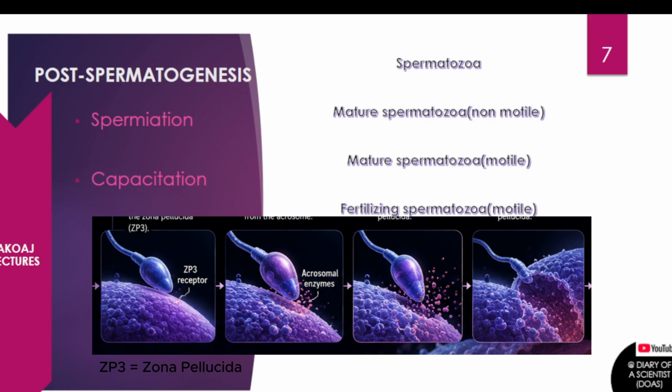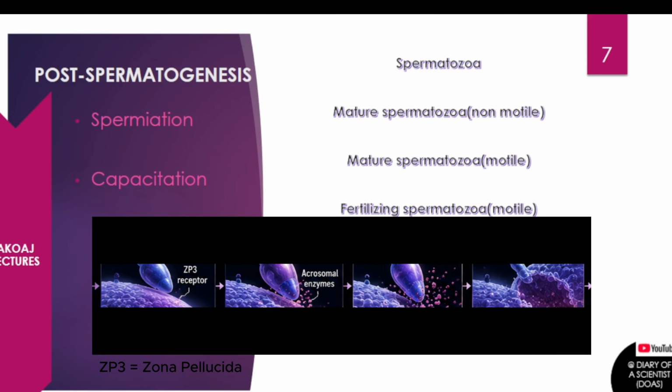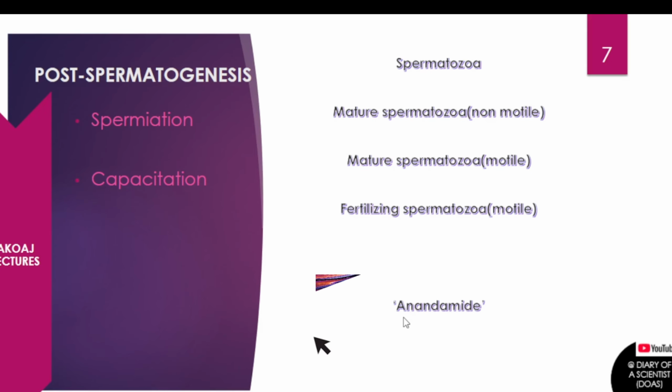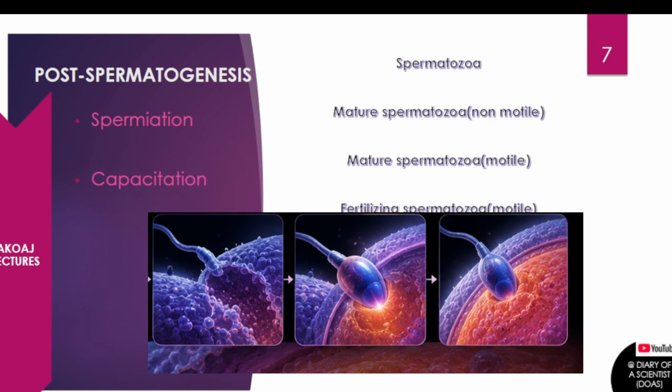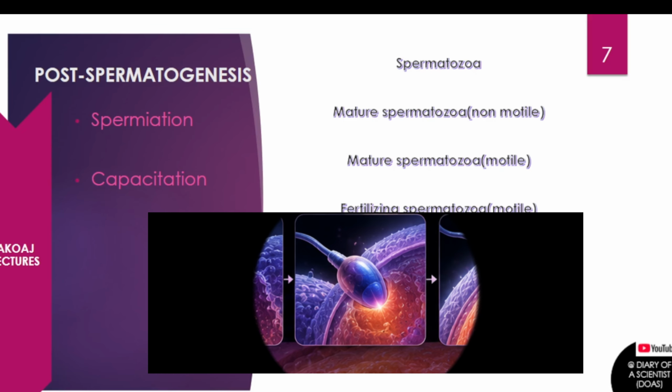When these enzymes are activated, they are able to dissolve the thick coat of the ovum, known as the zona pellucida. When they dissolve this thick coat, they penetrate, gain entry, and fuse with the ovum. Only the head of the sperm penetrates to form the offspring.